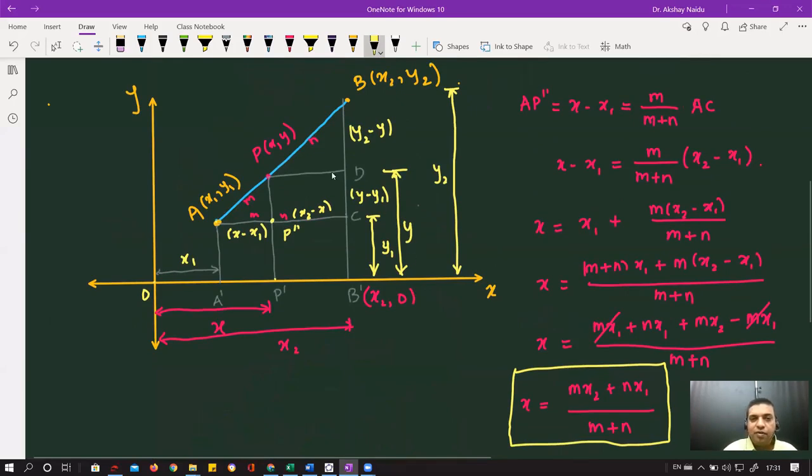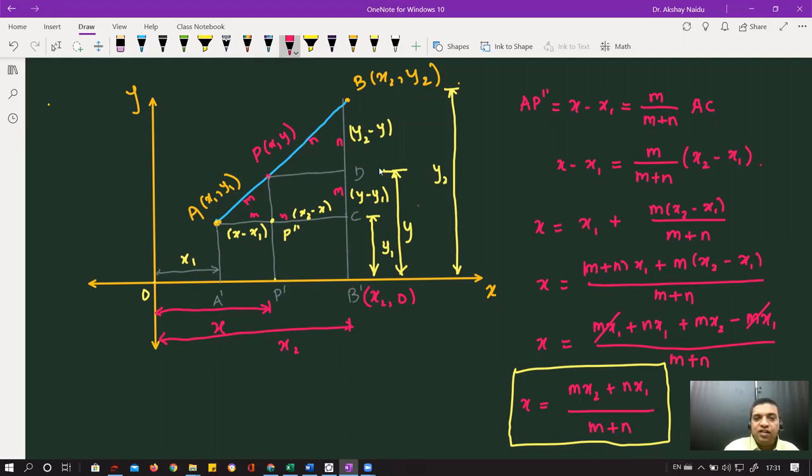Now similarly, I will repeat for y so that if you didn't understand for x, you will understand for y. Again, you see these triangles BAC and BPD are similar triangles. So if P divides PA in the ratio n is to m, then D will divide BC in the ratio n is to m again, because of similar triangles.